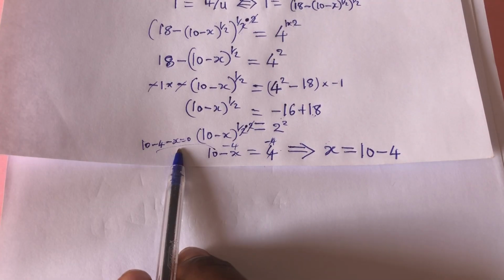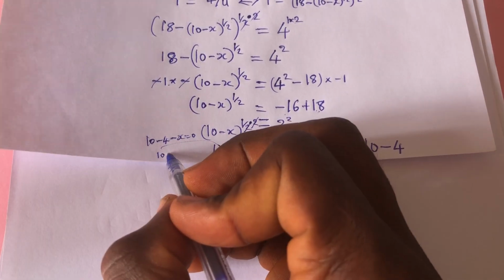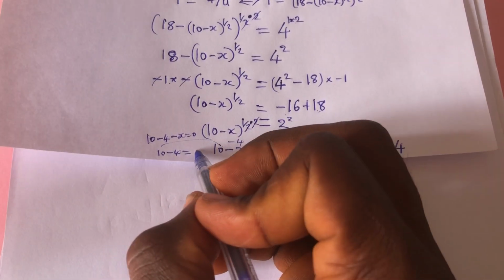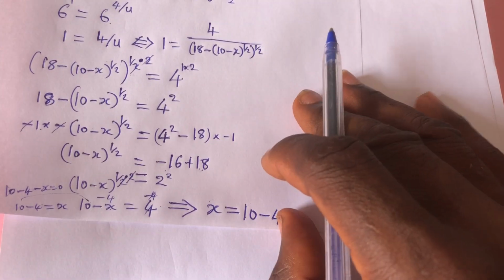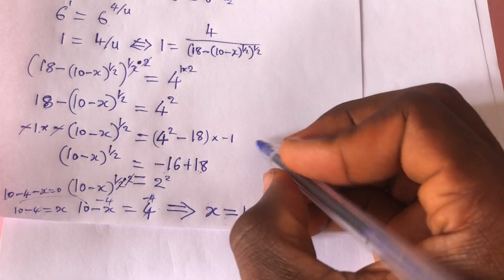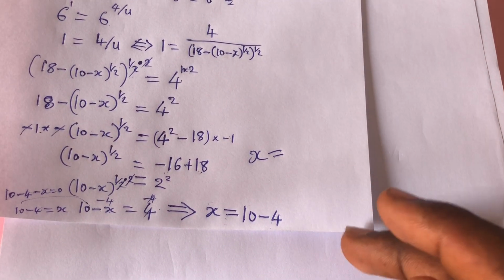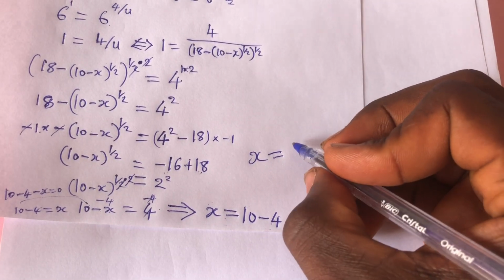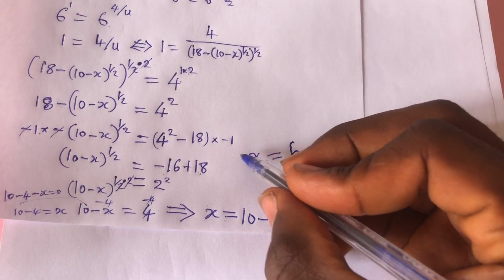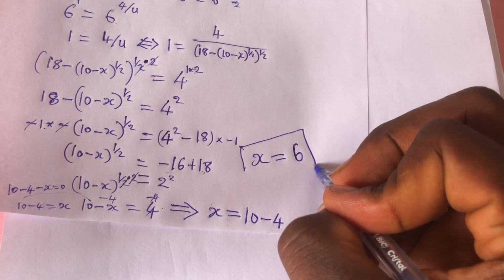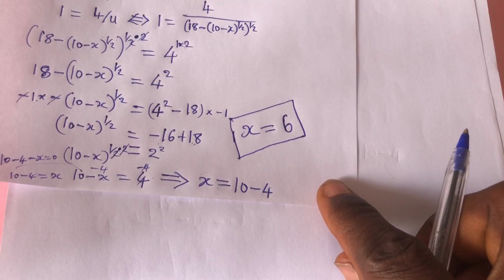That's what you are going to get here. And if we take the x over to the other side, we have that 10 minus 4 is equal to x. That is how we got this. So our x will be equal to 10 minus 4, which is 6. So 6 is the value of x. Our x is equal to 6.